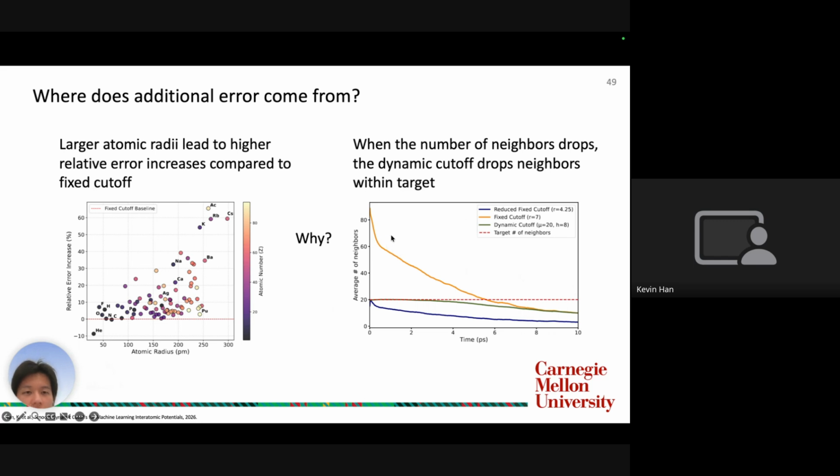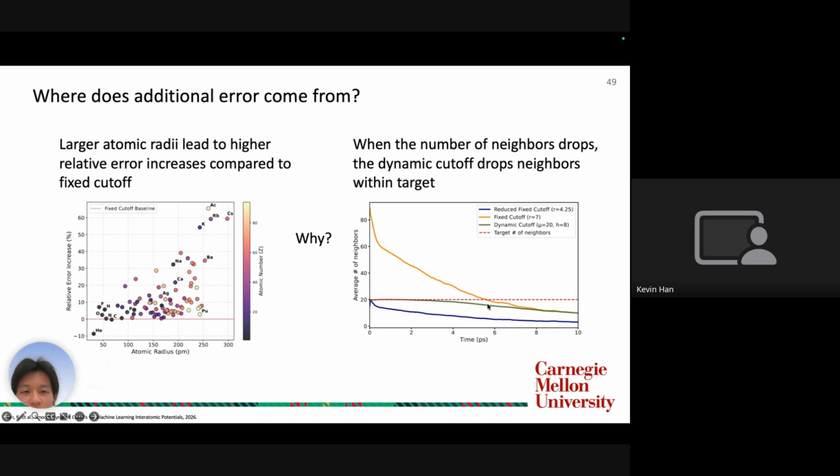But the thing we want to highlight is the fixed cutoff, which is orange, and the dynamic cutoff, this middle curve in green. If we set the target number of neighbors to 20, and we perform this melting simulation, so the overall atomic density should be decreasing throughout time, we find that as the number of neighbors approaches, in this case, like 35, the dynamic cutoff is not able to sustainably hold the target number of neighbors at 20.